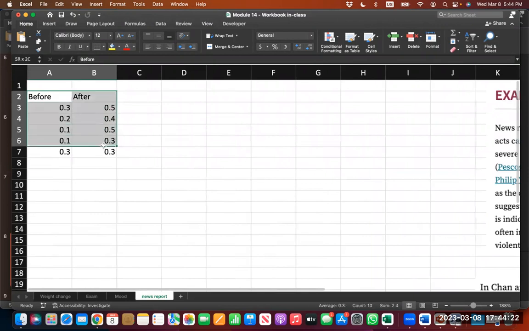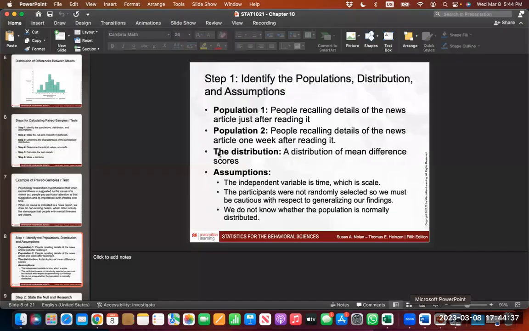and this sample that you're looking at here is the probability of remembering. So that's the proportions of memory. And we're comparing this before and after. It's not my favorite example, to be honest. But basically, we are going step by step. So we have population 1, so that's mean 1, is people recalling details of the newspaper article just after reading it.